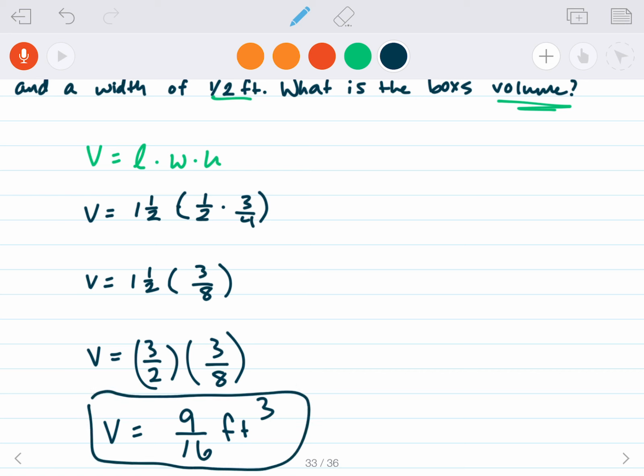That's how many cubic feet can fit into the box. And the reason we get that is because if I would have left the units in, I would have had 1.5 feet times 1/2 a foot times 3/4 of a foot, and feet times feet times feet is feet cubed. So that's how we get that unit for volume.